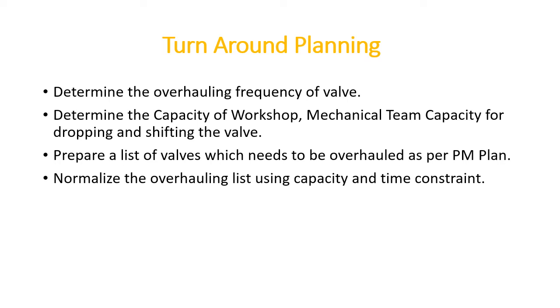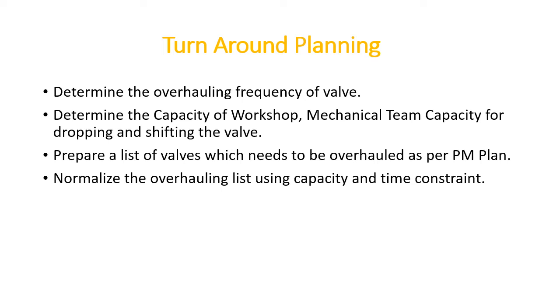So after you decide the overhauling frequency of the valve, you need to normalize the quantity of valves to be overhauled in the turnaround or shutdown according to the criticality of the valve. If the failure of the valve may lead to production loss or environmental issues or safety issues, you take that valve for overhauling in every shutdown.